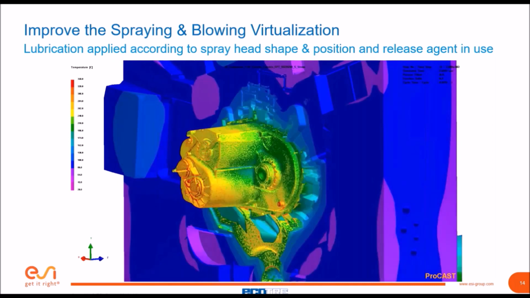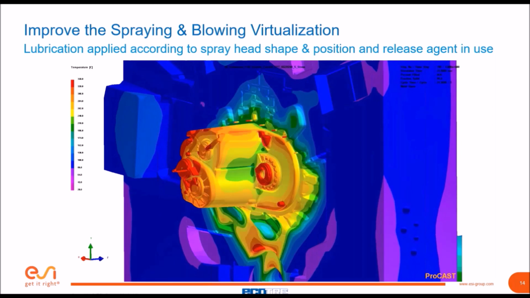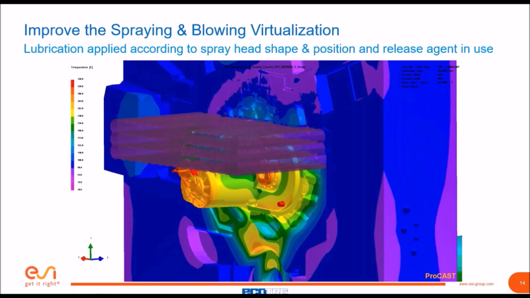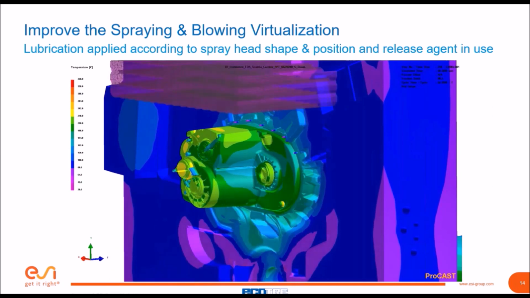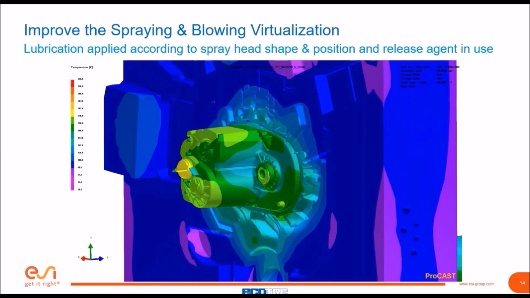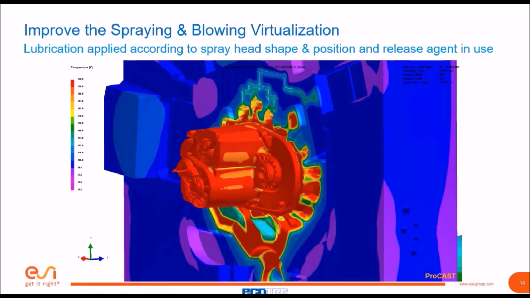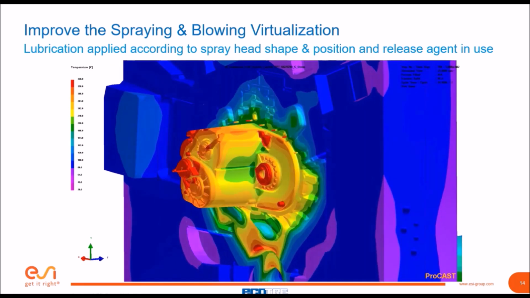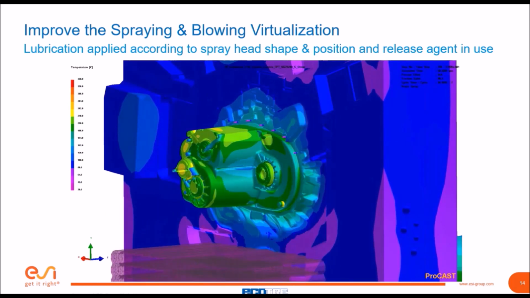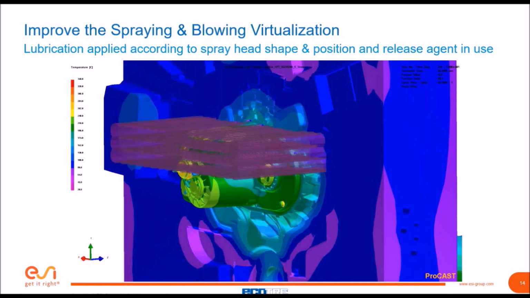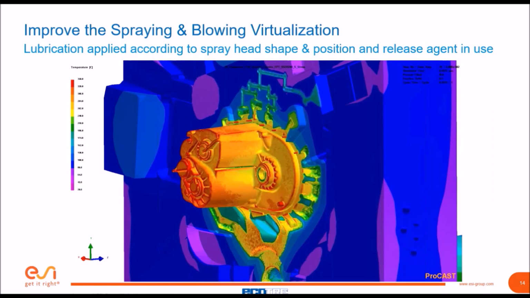What you visualize over here is that the spray head or the blow head, as it is on different dies, moving in reality, can be virtualized, so that we are able to extract exactly that moment of heat from that part of the die. And with this spray head, the lubrication can be applied depending on the spray head, the shape, the position, and also the release of the agent. So all these can be modeled.